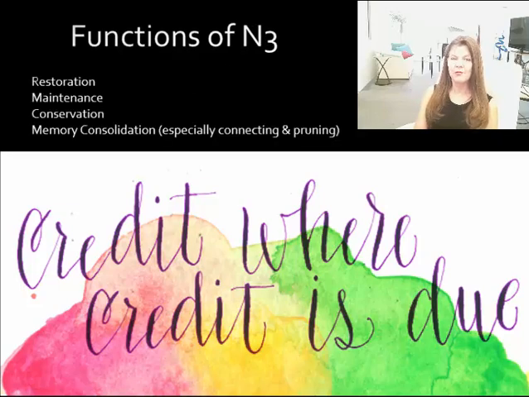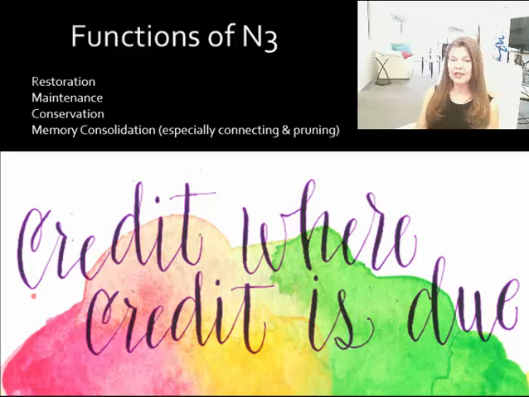N3 is mostly responsible for restoration of the body and the related increase in immune functioning. And the slowing of the brain activity during N3 allows for brain rest and brain cell restoration and maintenance. N3 also conserves resources.